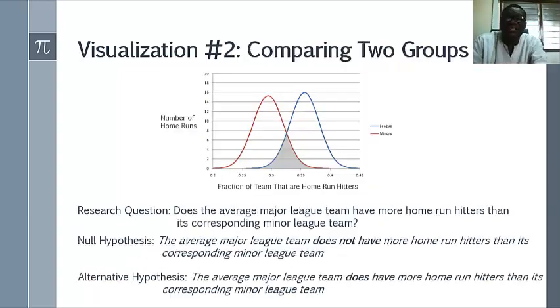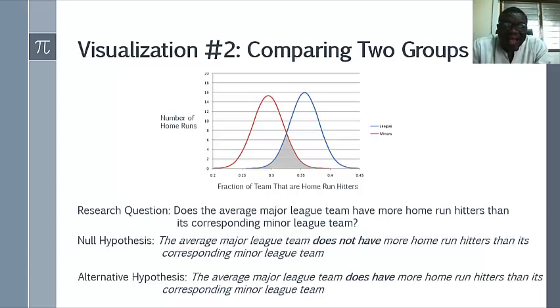Our second visualization test is comparing 2 groups. Now, in these 2 groups, the research question is, does the average major league team have more home run hitters than its corresponding minor league team? The null hypothesis for this research question is that the average major league team does not have more home run hitters than its corresponding minor league team.